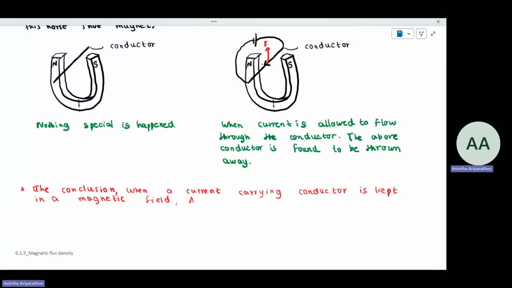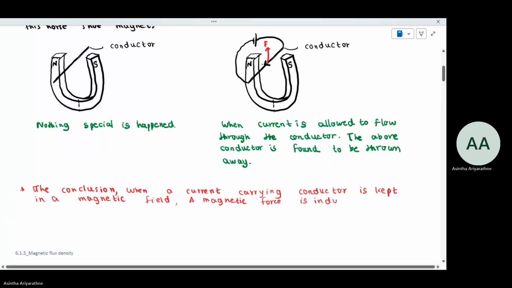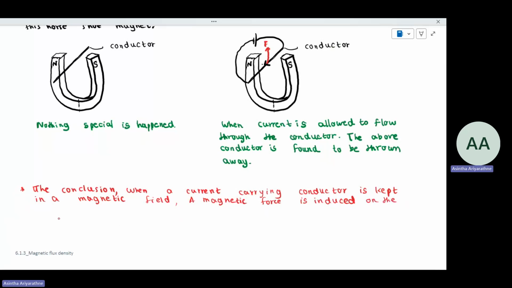A magnetic force is induced on the conductor.